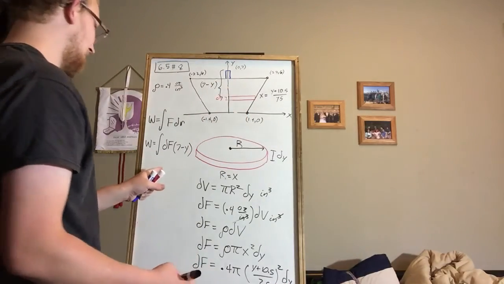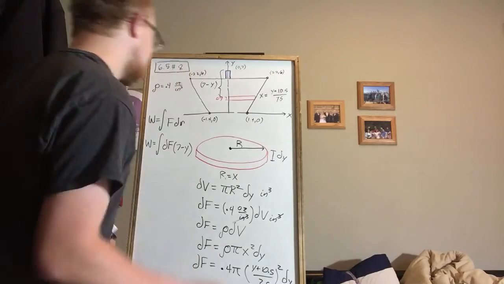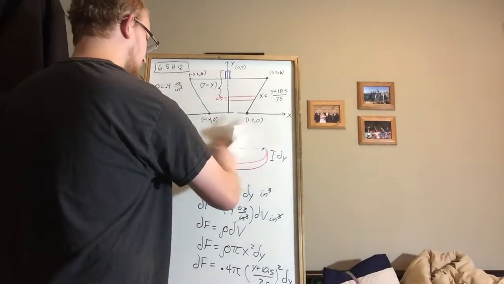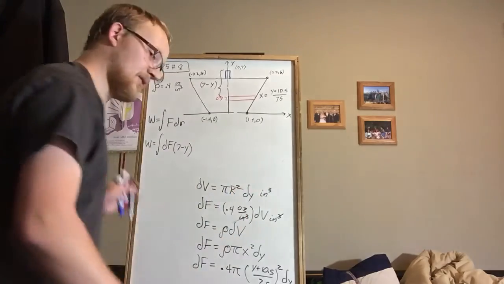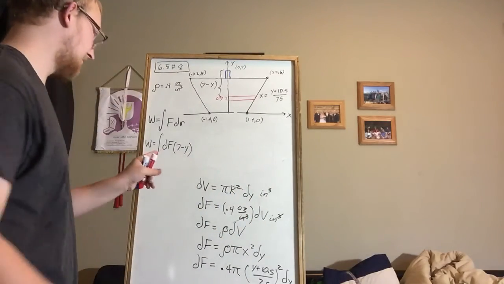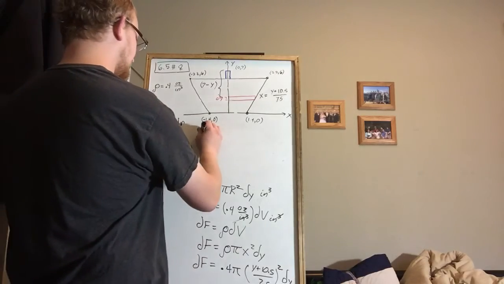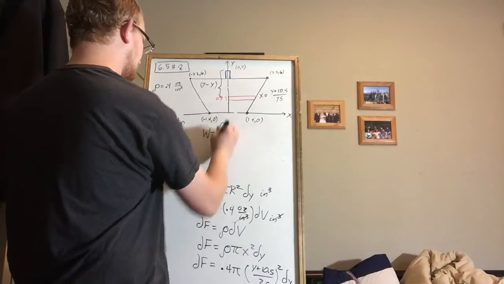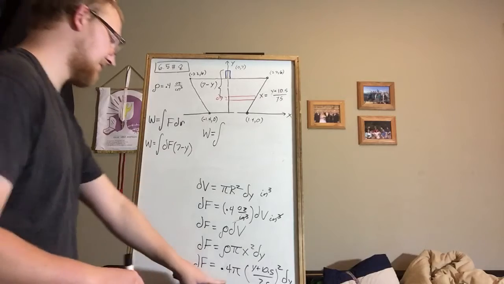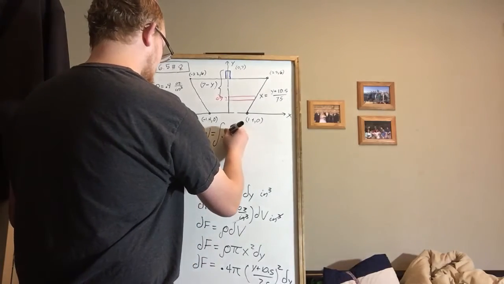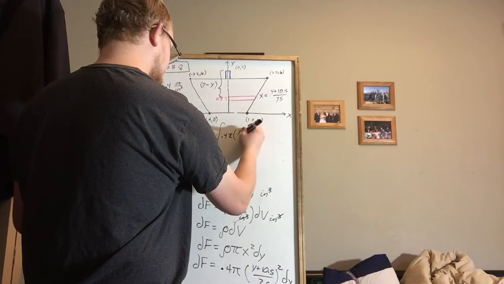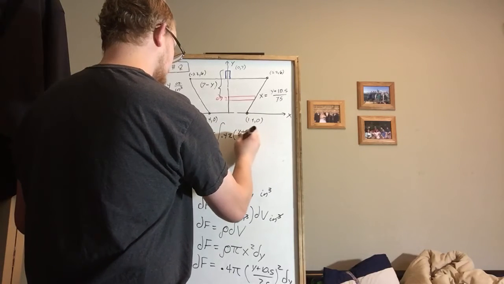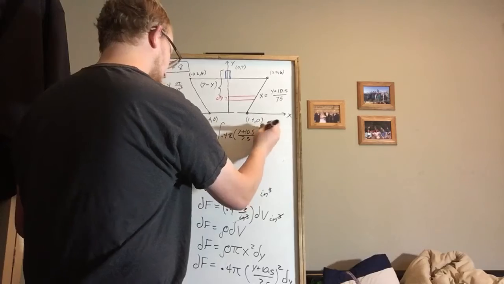Alright, so now that we have all this solved for, we can plug it into the work equation, and then we can finally set up our integral and solve for it. So work equals the integral of dF, which we solved to be this thing, 0.4 pi times (y plus 10.5) over 7.5, squared.